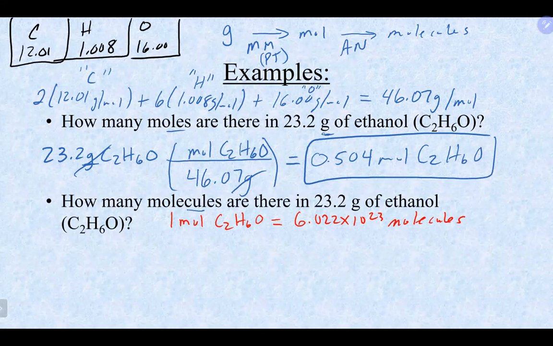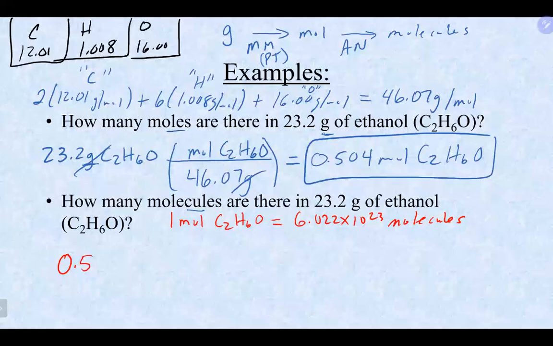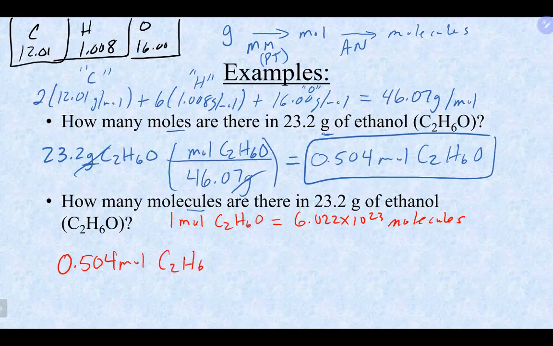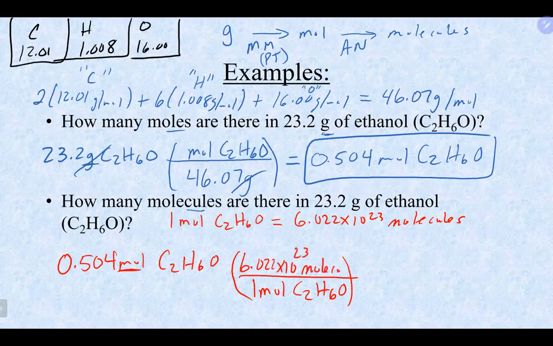So I'm going to pick up here with the rounded number, 0.504 moles of C2H6O. Once again, a little dimensional analysis approach: our moles are up on top, which means the moles need to go opposite to cancel. So they're going to go on the bottom. And our Avogadro's number in this case will go up on top, which will give us molecules.